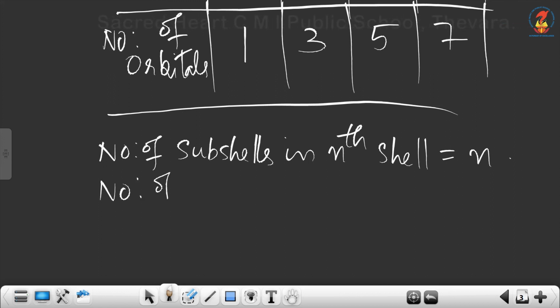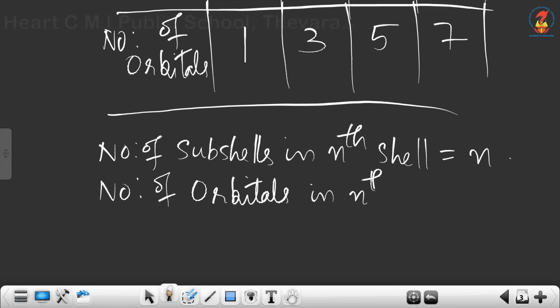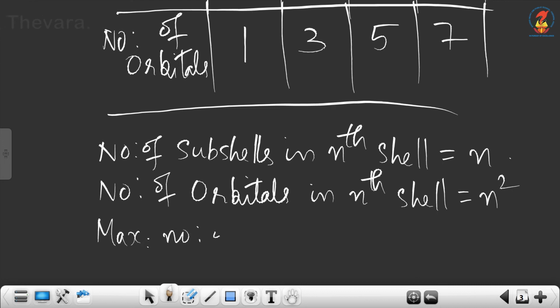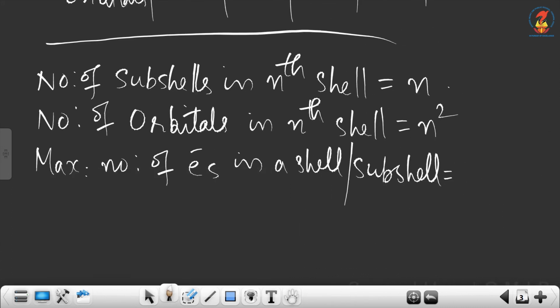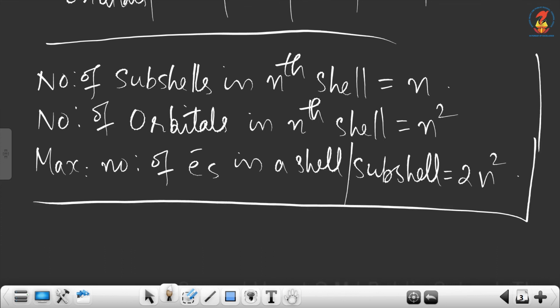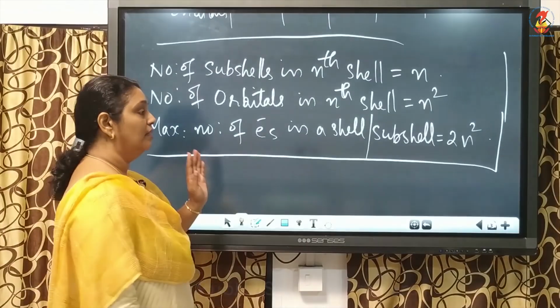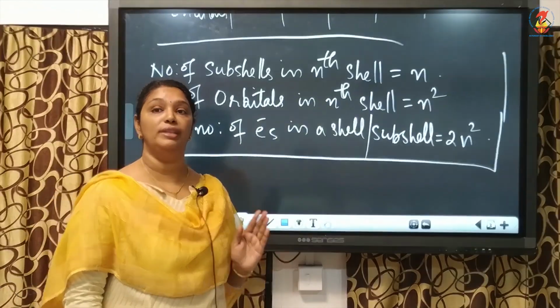Then the number of orbitals in the nth shell is equal to n square, and the maximum number of electrons in a shell is equal to 2n square. So, these are the 3 pieces of information that you get if you know the n value.